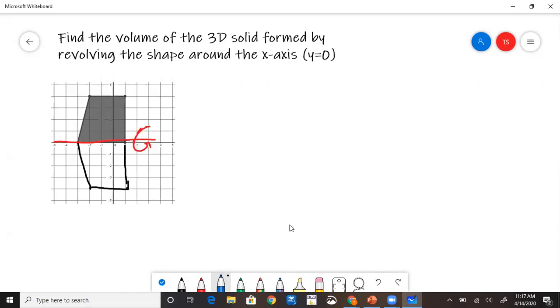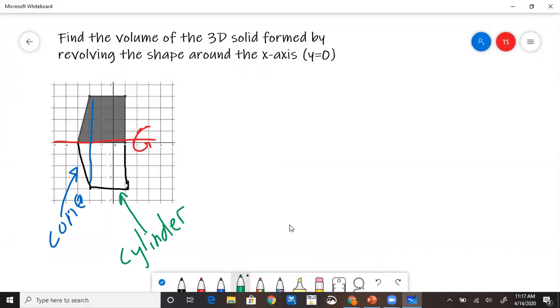If I were to split this up, I've got a cone on the left side, and then I've also got a cylinder on the right side. So this piece right here is going to be a cylinder. So we have two different volumes that we're going to have to find for the total volume here.